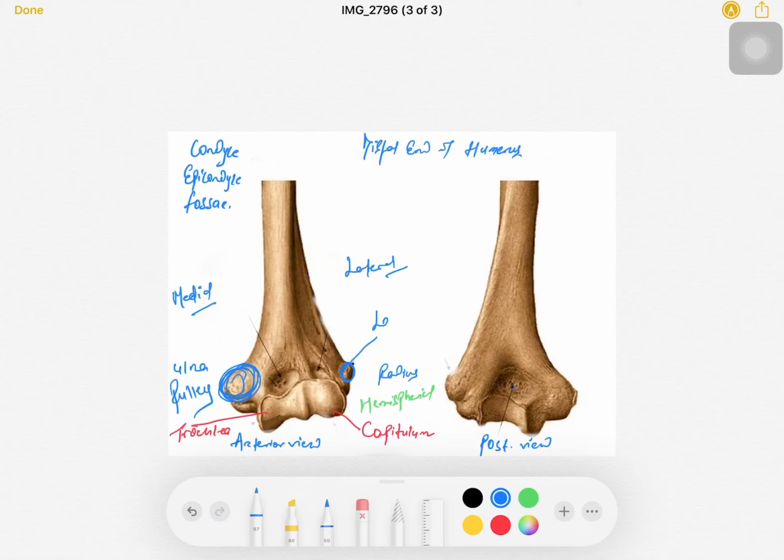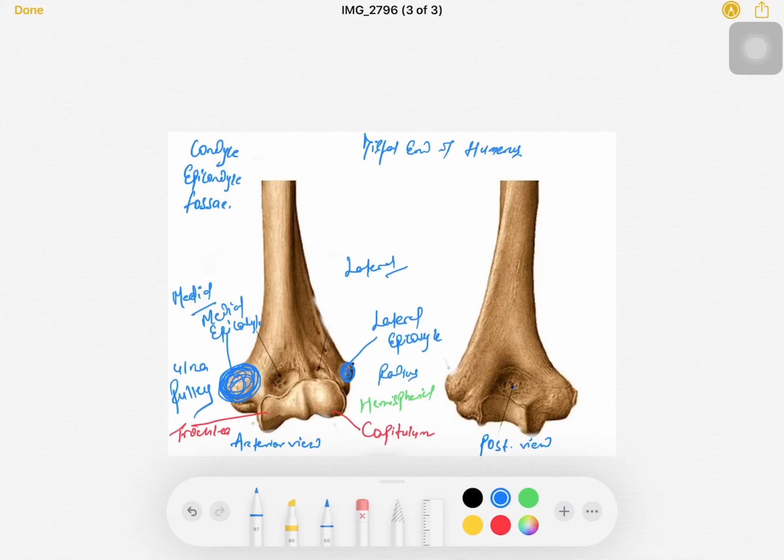So this one is your lateral epicondyle, and this one is your medial epicondyle. In this picture, the medial epicondyle is the large bulging part, but the lateral one is small compared to the medial one. Now we have three fossae.